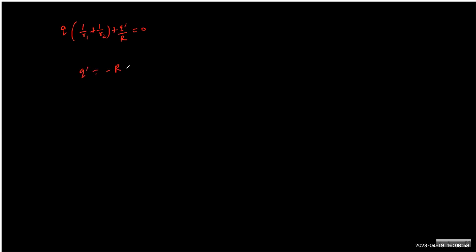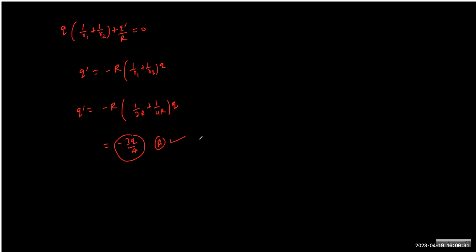So Q dash is minus R (1/R1 + 1/R2) into Q. Can you find this formula? So what is R1, R2? So 1/2 plus 1/4 is 3/4, so minus 3/4 Q. This is the right answer, no? Option A.